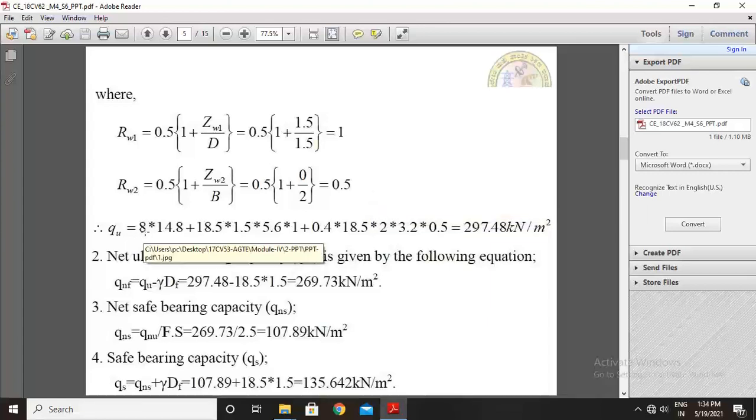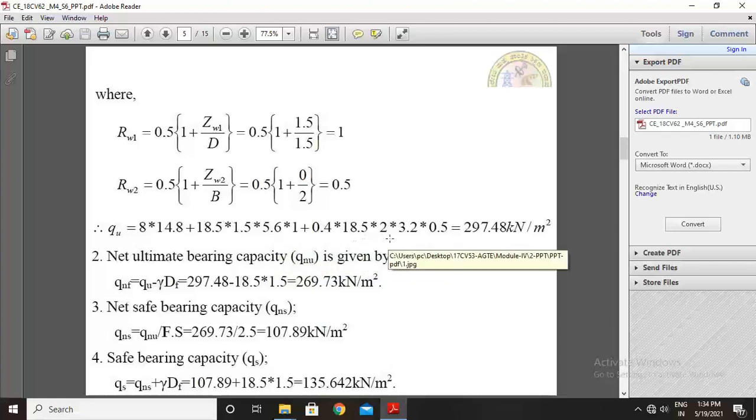C is 8, NC is 14.8, plus gamma is 18.5, D is 1.5, NQ is 5.6, RW1 is 1, plus 0.4, gamma is 18.5, B is 2 meter, N gamma is 3.2, RW2 is 0.5. The answer is 297.48 kilonewton per meter square.